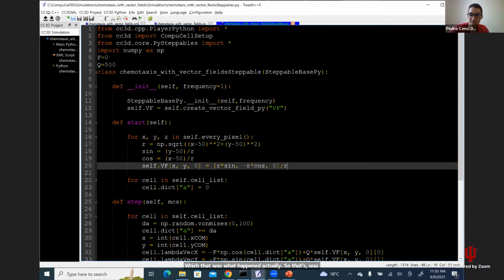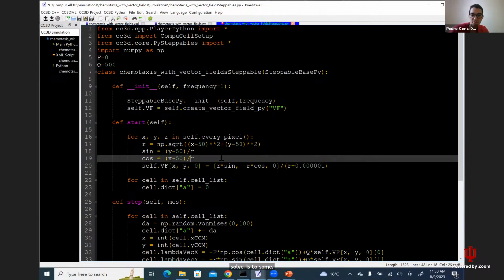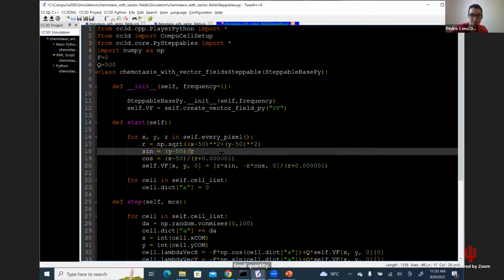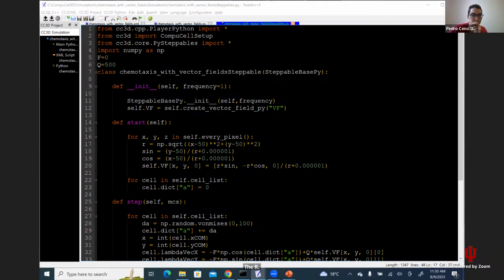To prevent this, one way to solve it is to add a small quantity to R, and that would work. So let me show you how I did this.